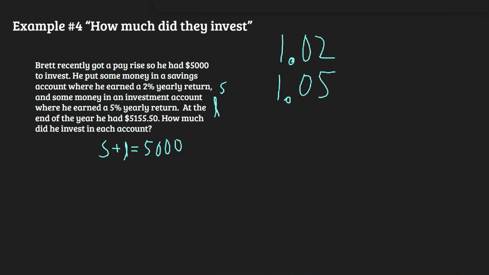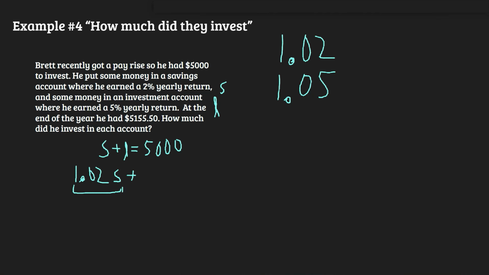So then I know that at the end of the year, he had $5,155.50. So I know that the return for the smaller account, the savings account, is 1.02 times the amount we originally put in the smaller account. So that's the total return from the smaller account.